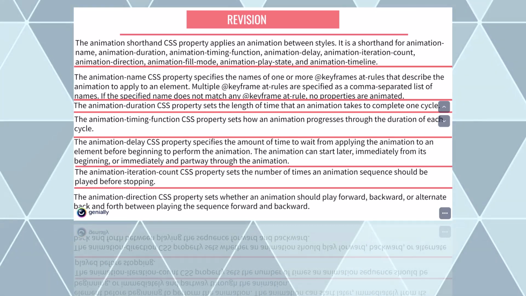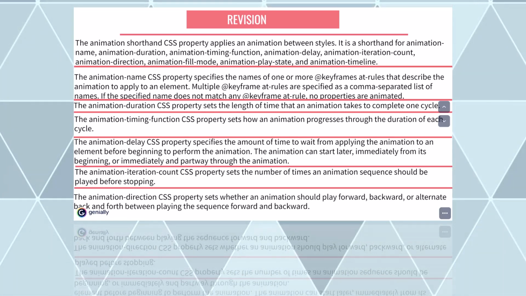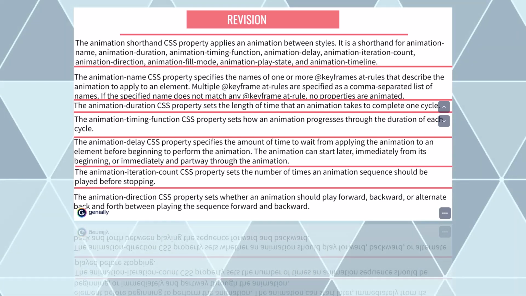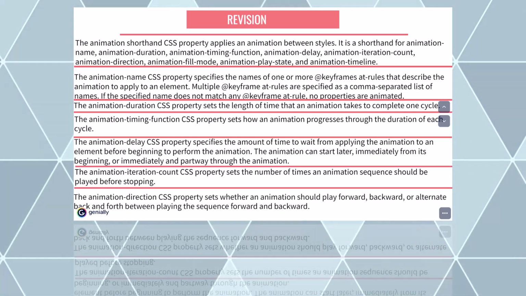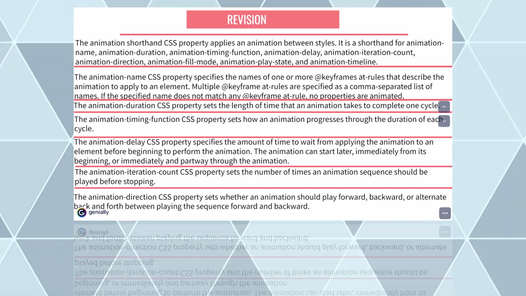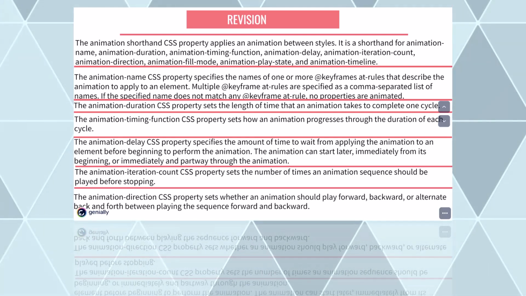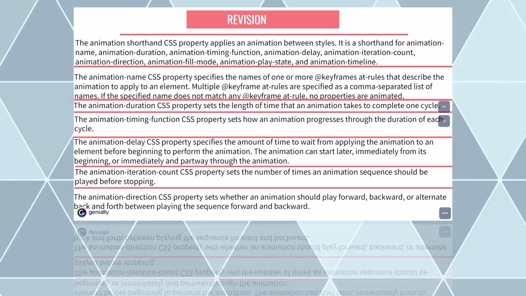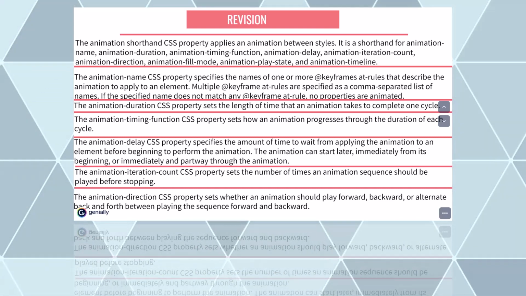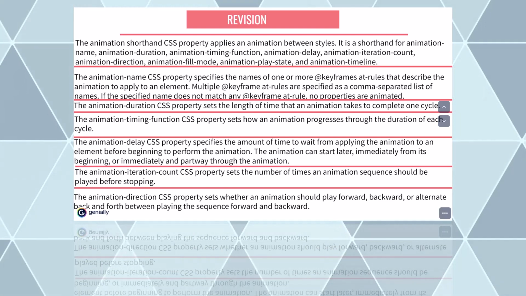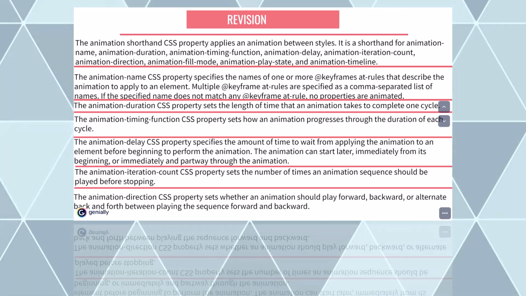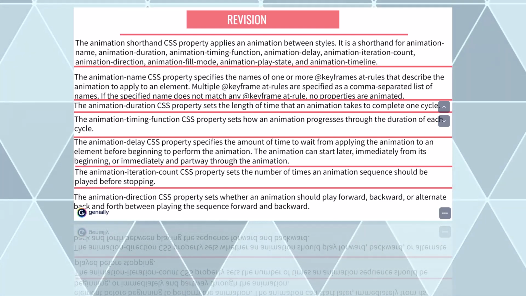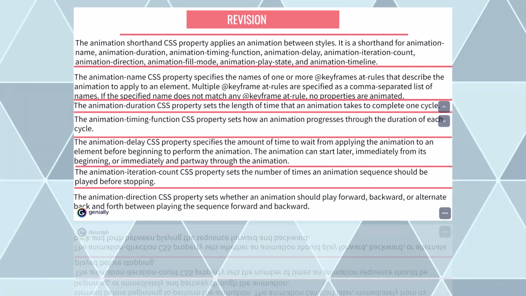Okay. So the animation-timing-function sets how an animation progresses through the duration of each cycle. And we remember on the duration we gave it 4 seconds, the time to take to finish, right? But in between that, there's a timing function. How should it start and how should it end? Should it start fast or should it end slow?